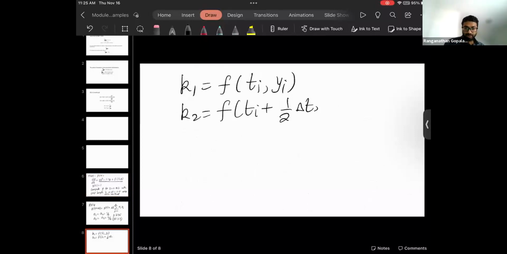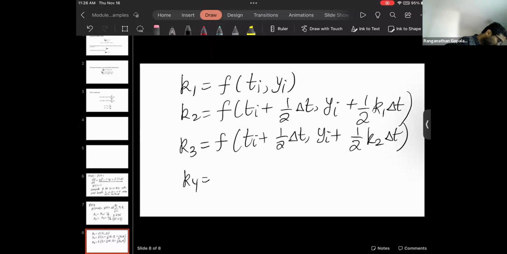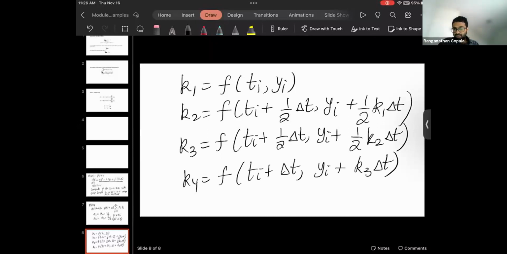I just want to write out the method because people need that practice of writing out the formula and seeing how the formulas are constructed and come together. k3 is f of t_i plus half delta t, and y_i plus half k2 delta t. k4 is f of t_i plus delta t, y_i plus k3 delta t. So take half a minute here, write this down crystal clear before we go on to actually calculating numbers.